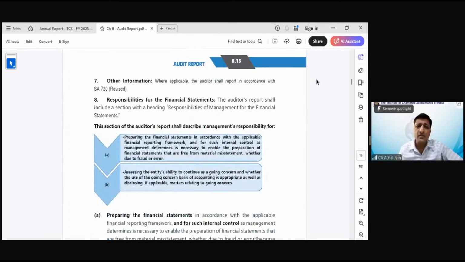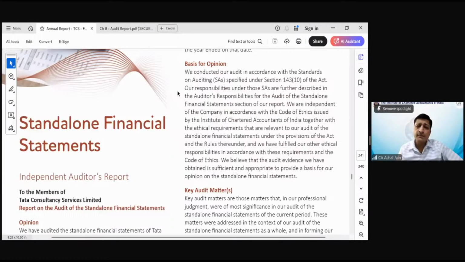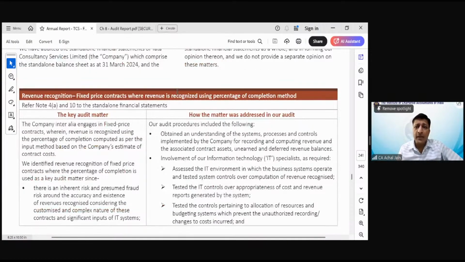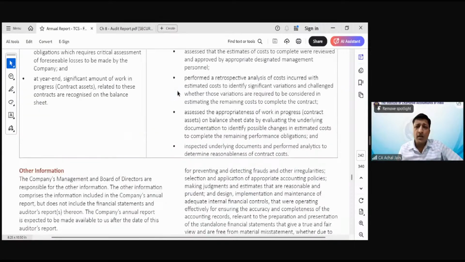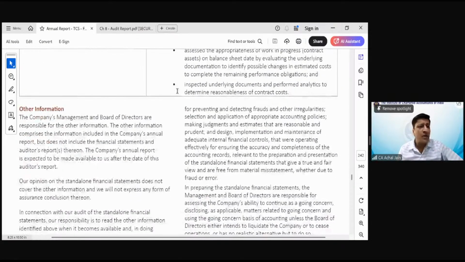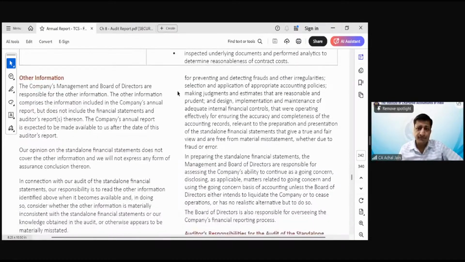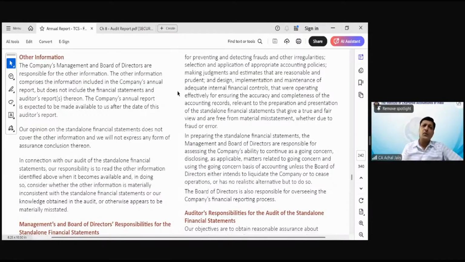What I'm doing is, after key audit matters, I'll just move on to the next section. So key audit matters I have skipped, and I'll explain why this has been skipped, because when we cover this in greater detail, you'll get to know about it. It's a detailed discussion, so separately we'll cover this.